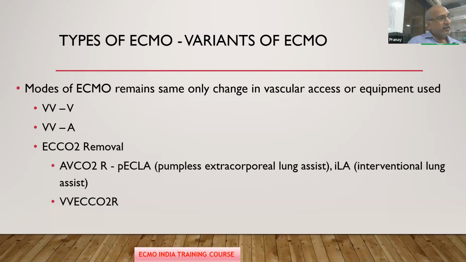That is basically a kind of VV ECMO, but here the oxygenator is only capable of removing carbon dioxide because it is a low resistance oxygenator with a very low surface area. So the flow can only be around 800 ml to 1 liter, and it can clear the CO2, while oxygenation does not take place with ECCO2R.